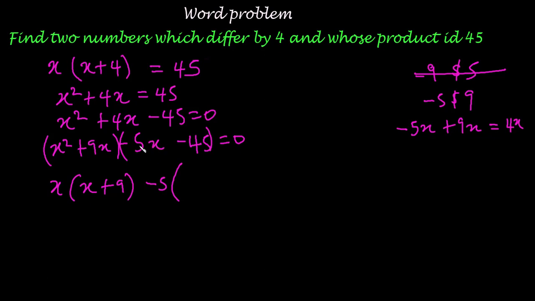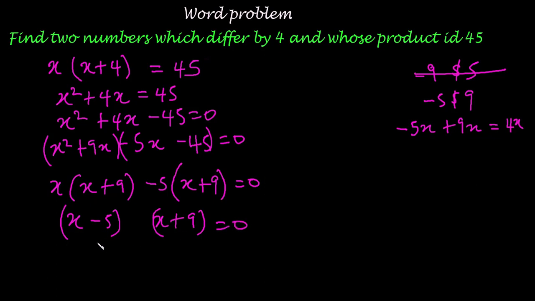So minus 5x divided by minus 5 will give us x. Minus 45 divided by minus 5 will give us plus 9. Everything is equal to 0. So we have x plus 9, x plus 9. That shows that we are correct. So x minus 5, then we have x plus 9, everything is equal to 0.